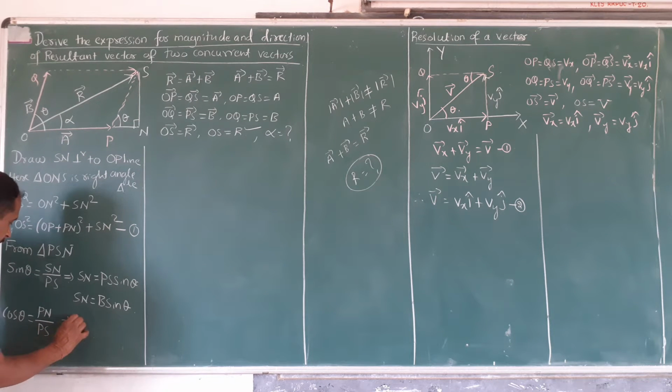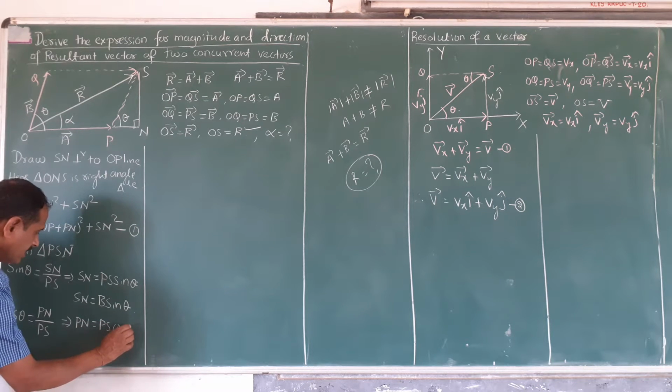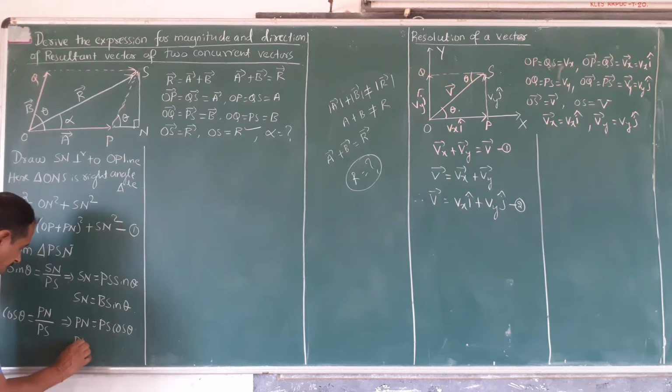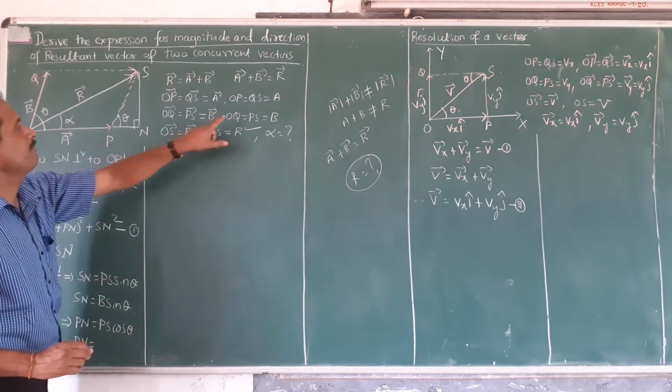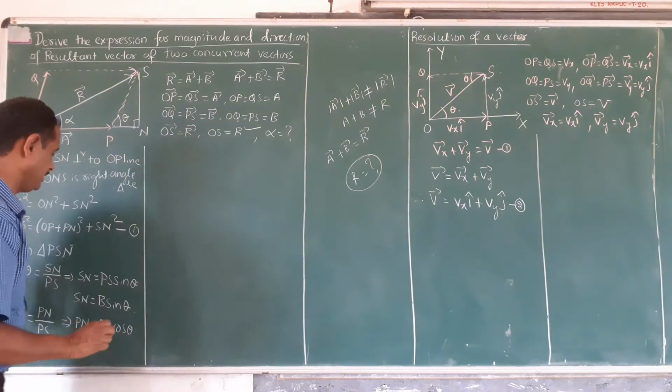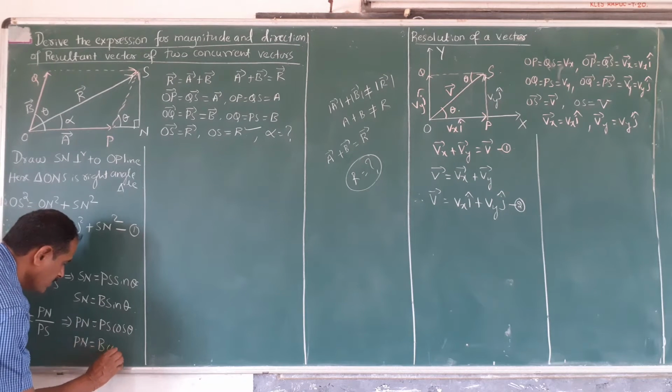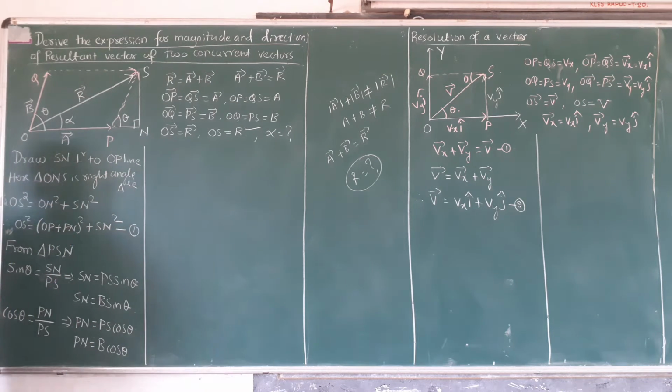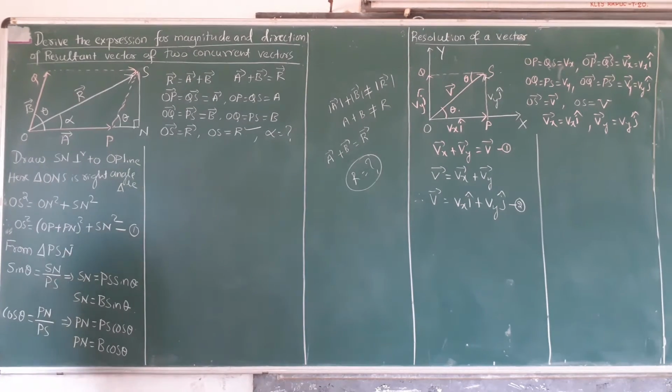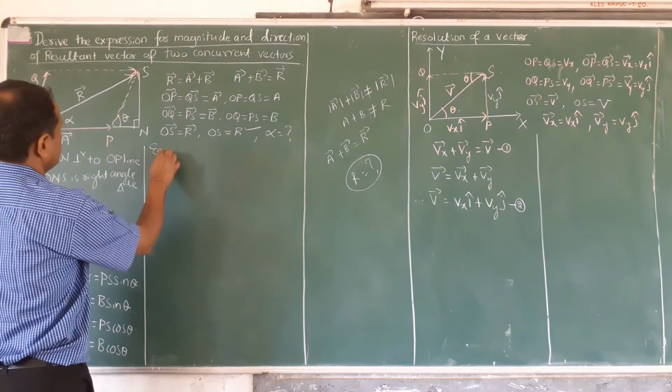This implies PN is equal to PS cos theta, and PS means B, so PN is equal to B cos theta. SN is B sin theta, PN is B cos theta. Equation number 1 becomes.